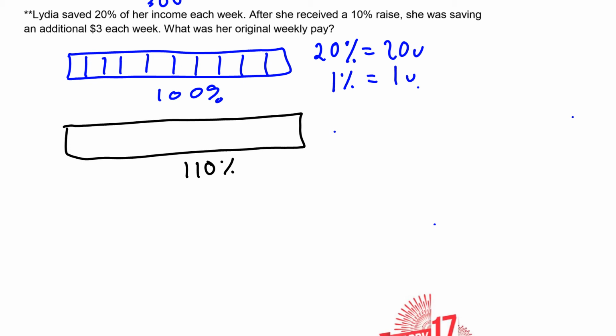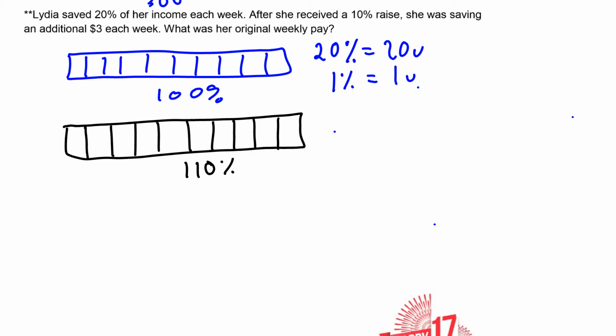Now, if I want to find out what 20% of 110% is, we're going to use the same process that we just did. We're going to take this unit bar and split it into 10 equal parts. So we've got our 10 equal parts here. Hopefully, it's getting late. 1, 2, 3, 4, 5, 6, 7, 8, 9, 10.